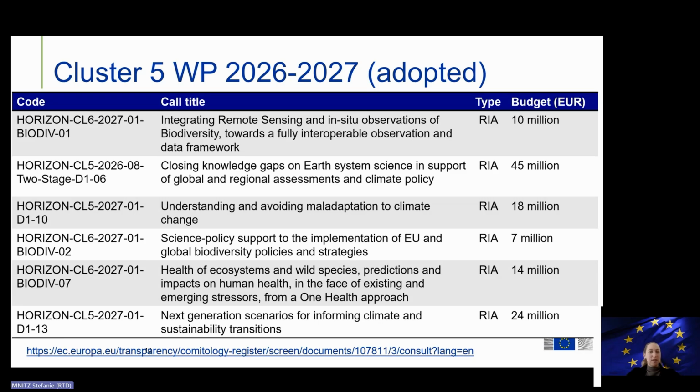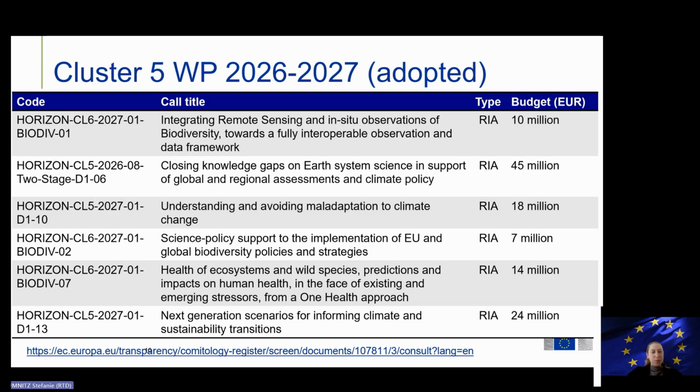For example, I would like to point out the project on closing knowledge gaps on Earth system science in support of global and regional assessments and climate policy, also including aspects of biodiversity for all European participants, as well as the science policy support to the implementation of EU and global biodiversity policies and strategies.